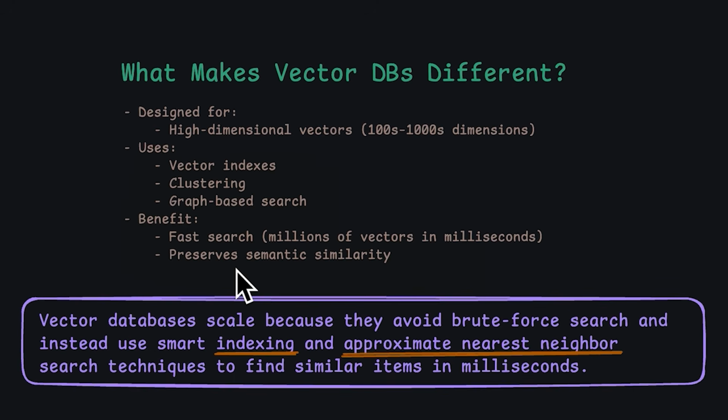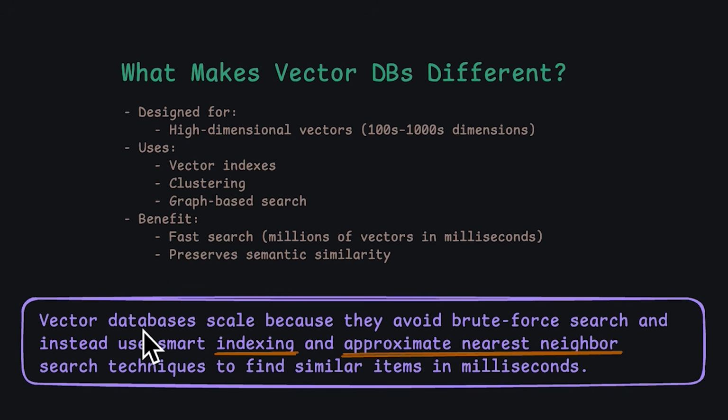So even if you have millions of documents, it can perform search efficiently because of these vector indexes. Now we will cover in depth later on all these vector indexing techniques that are there inside vector databases. But for now, understand why this search is so efficient because of these vector indexes, right?